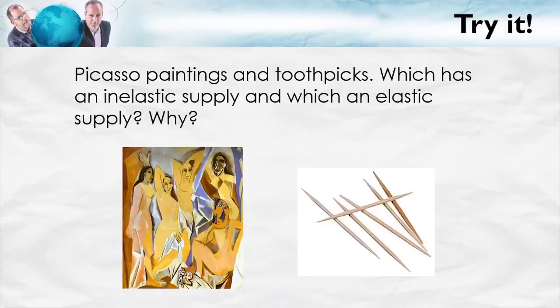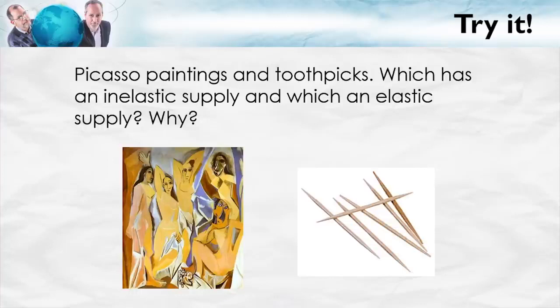On the other hand, it's basically impossible to get an increase in the production of Picasso paintings. He simply isn't producing anymore. We may still have an increase in the market supply of Picasso paintings. Some people who have them in their homes will put them onto the market. But basically, the supply of Picasso paintings is highly inelastic.